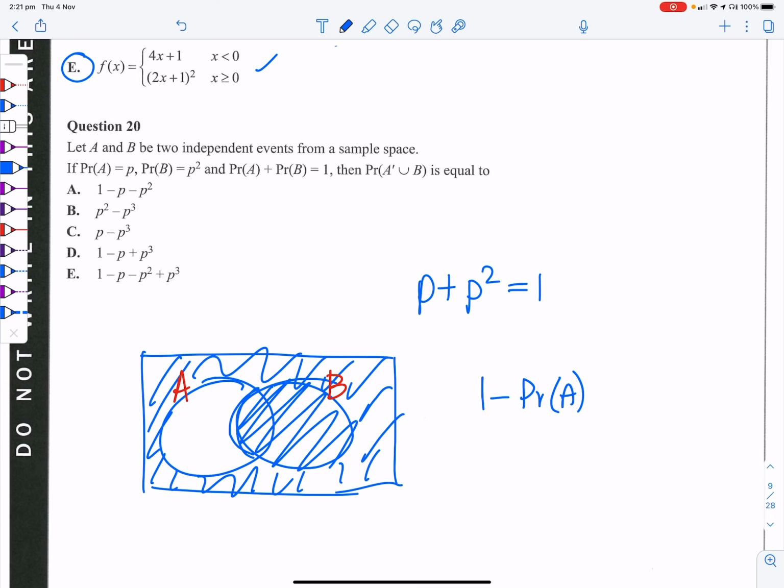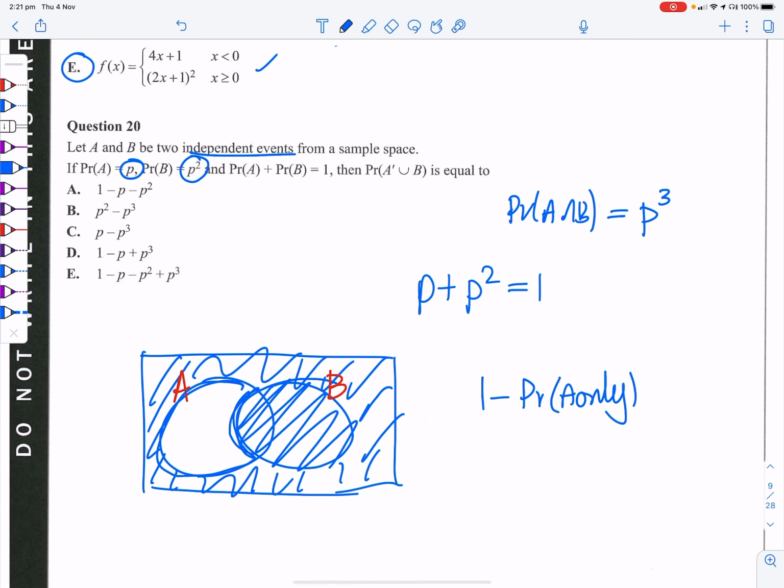What can we do here? Probability of A plus probability of B is 1. We need 1 minus the probability of A only. The probability of A plus the probability of B is 1. Two independent events. The probability of A intersect B is, because they're independent, multiply them, P cubed.